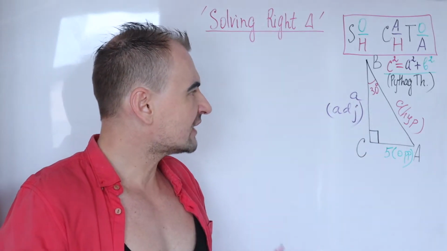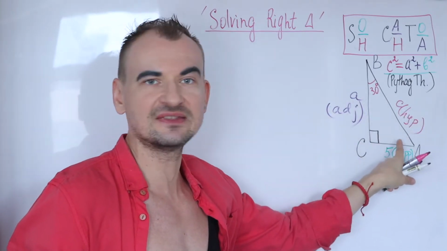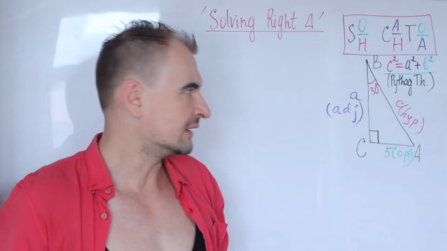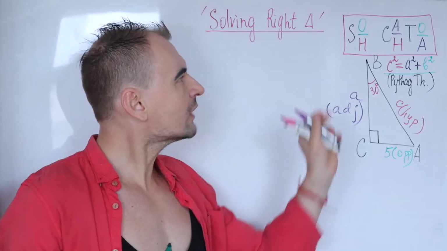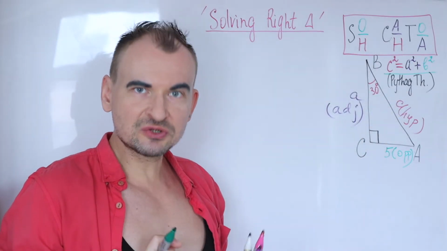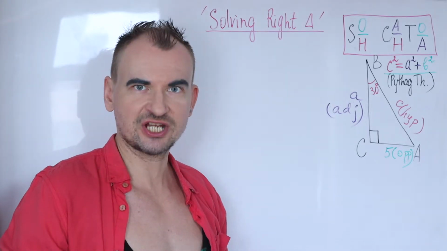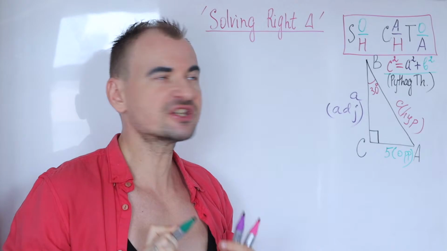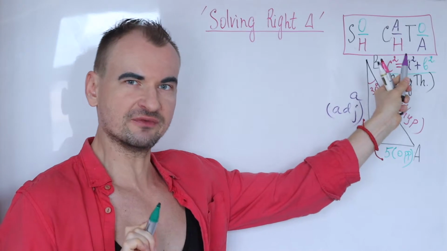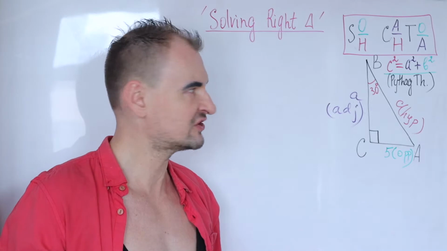And we know that we need to find side a, side c, and the missing angle capital A, but let's leave that for the end of the story. Now, we are going to use this mnemonic hint SOH CAH TOA to find these two missing sides of your triangle. The question that might be raised here is, which part of this mnemonic device should I pick to find the missing sides?